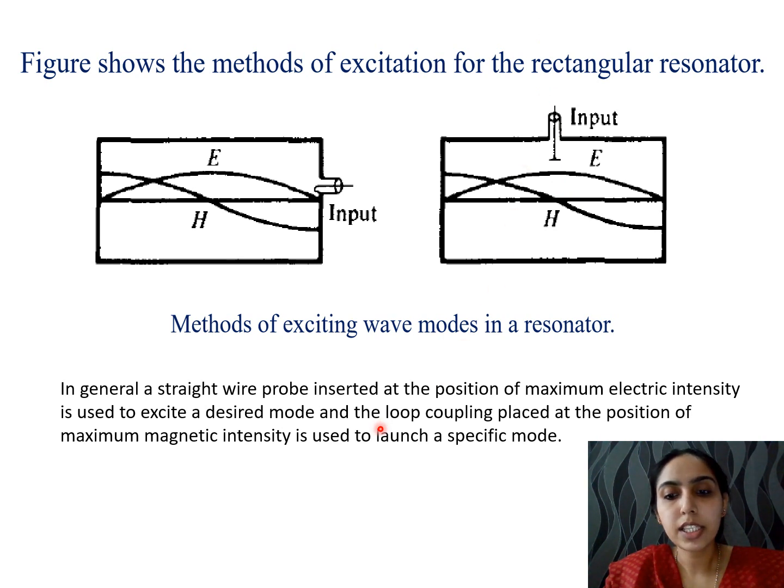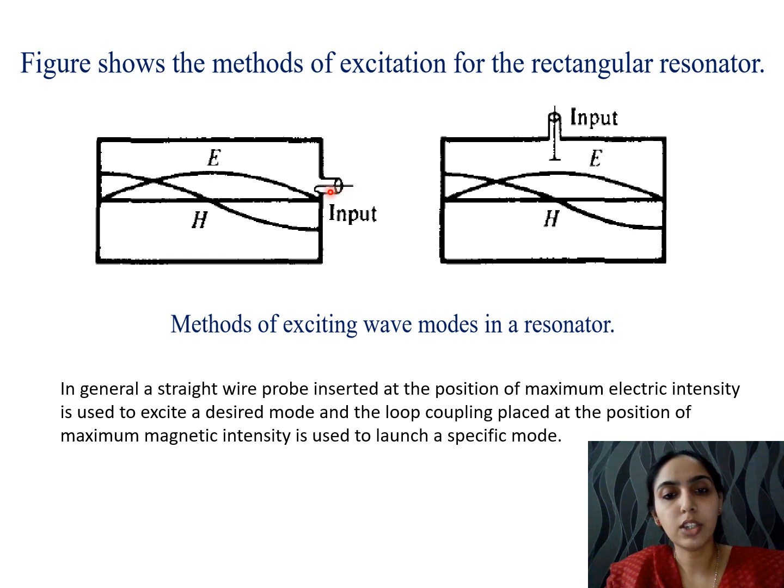The next type of coupling is loop coupling. Loop coupling is basically magnetic in nature, so we have to place the loop antenna or loop coupling at a position of maximum magnetic field intensity. Here the coupling is placed at the end point of a closed waveguide where we have maximum magnetic field intensity, and the magnetic flux lines should be perpendicular to the plane of the loop.